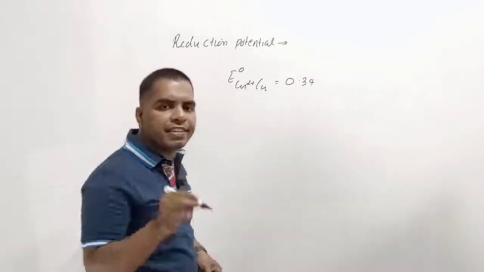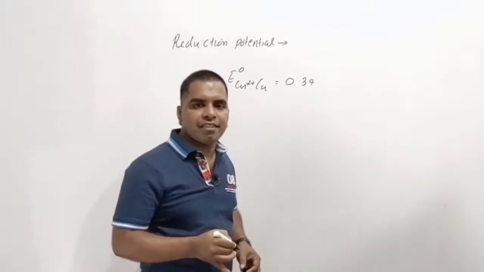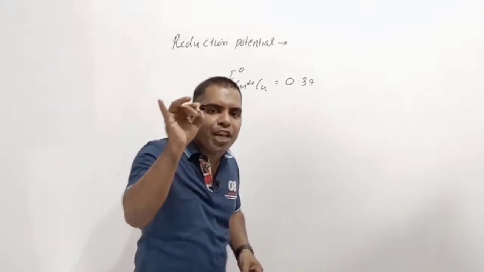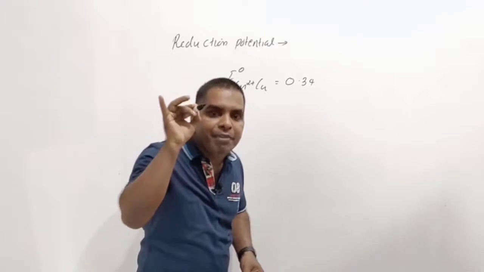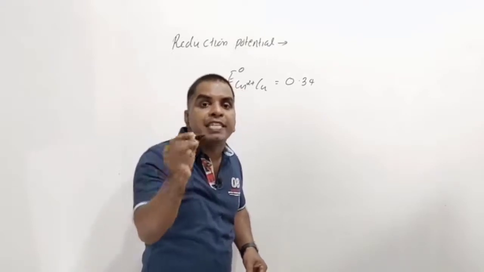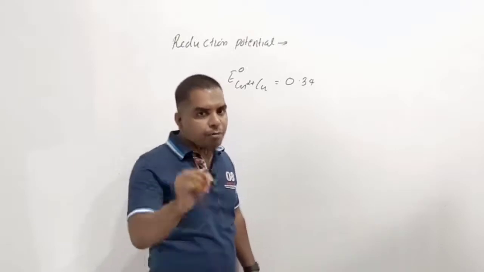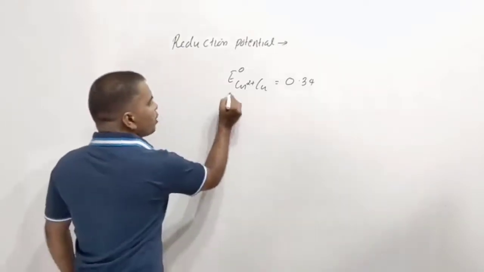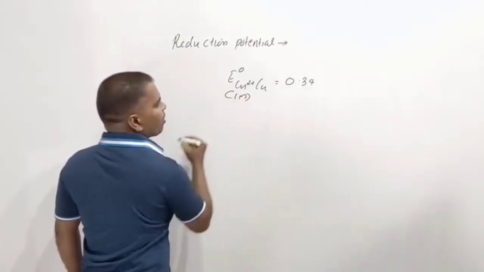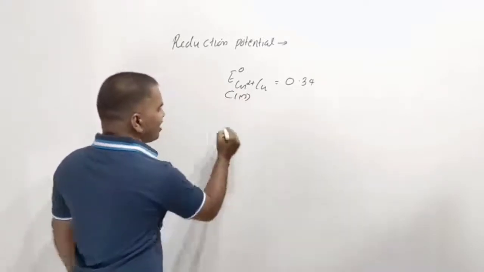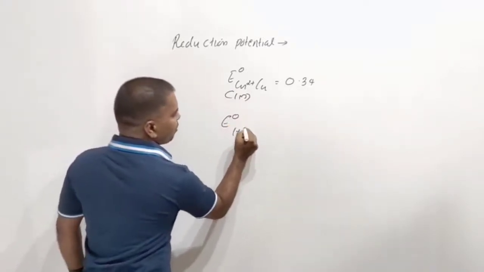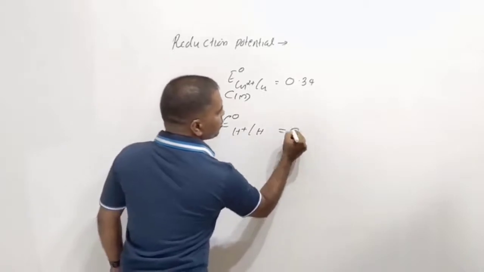What is meant by standard reduction potential? The reduction potential of an electrode is measured by coupling with the standard hydrogen electrode. Remember one thing, the coupling electrode concentration should be 1 molar, and the standard reduction potential of the hydrogen electrode is assumed to be 0.